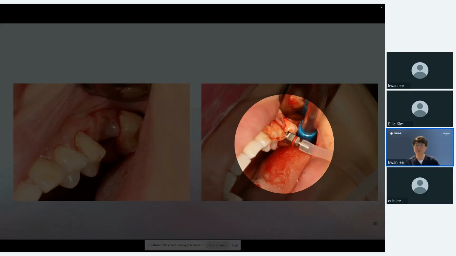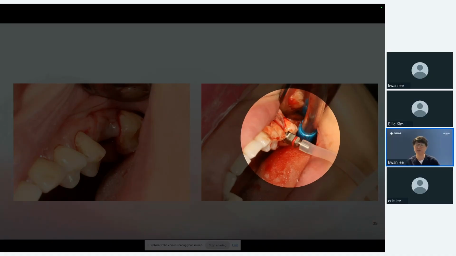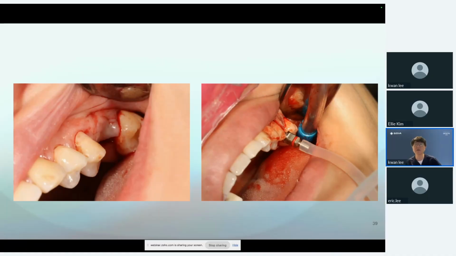Later I'm going to go over how to access the sinus floor without perforating, but you access the sinus floor and then hook up the aqua tape and create a closed chamber environment.